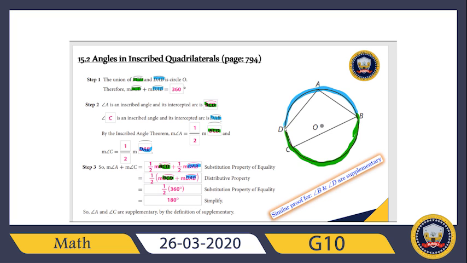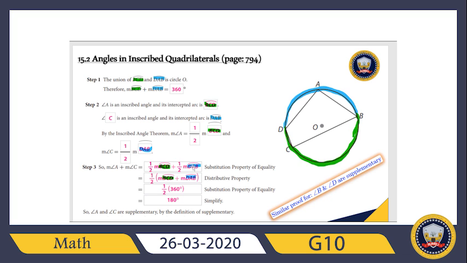Also, the arc DAB is an intercepted arc for the angle C, so the measure of the angle C is 1/2 the measure of the arc DAB. Now, if I add the angle A and C together, the measure of angle A plus the measure of angle C equals half of BCD plus half of DAB.